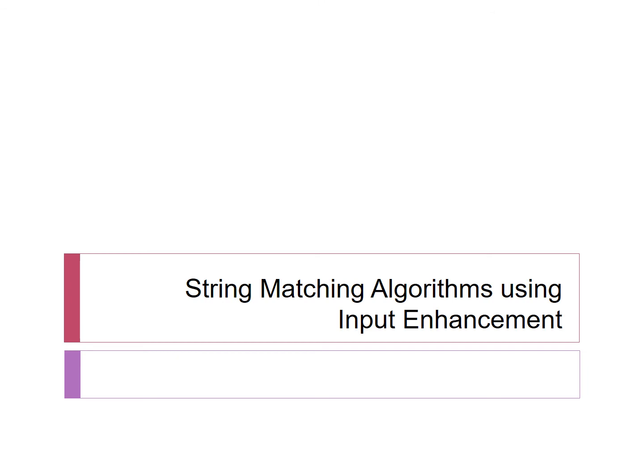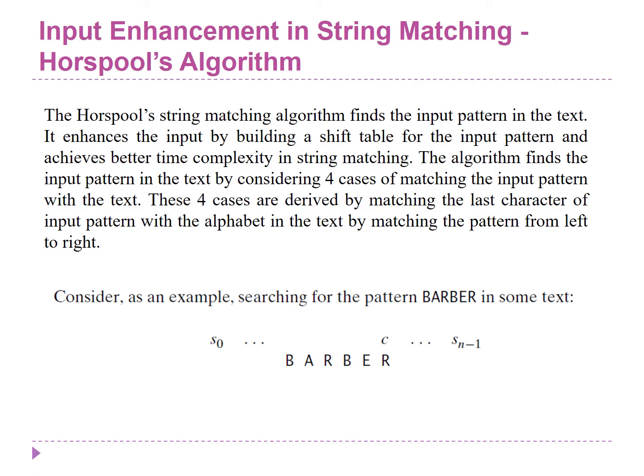String matching algorithms using input enhancement. Horspool's string matching algorithm. The Horspool string matching algorithm finds the input pattern in the text. It enhances the input by building a shift table for the input pattern and achieves better time complexity in string matching.